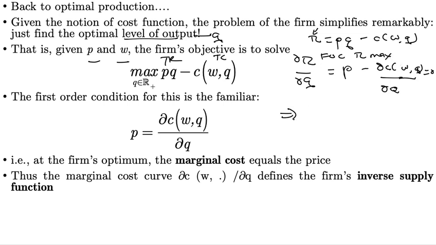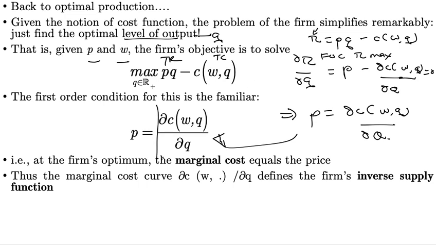If you rearrange it, what you get here is P equals delta C over delta Q. So what is this, class? It is a change in cost due to the change in quantity of output. One additional unit increase in quantity of output, there is an additional increase in cost. So this is what we call marginal cost. Marginal cost is equal to the price level.